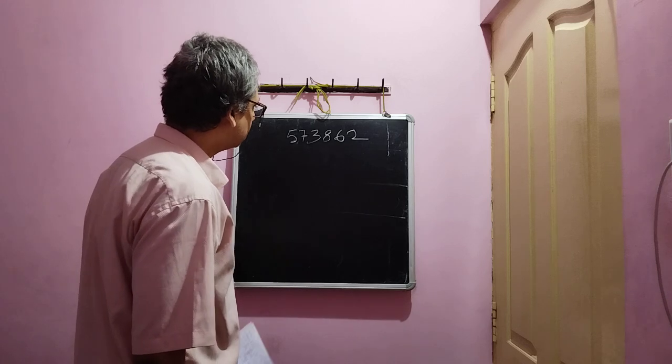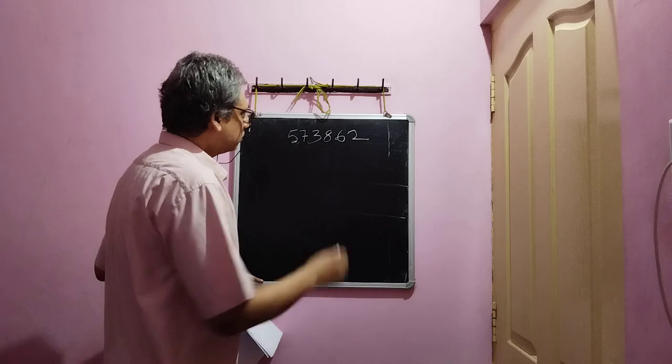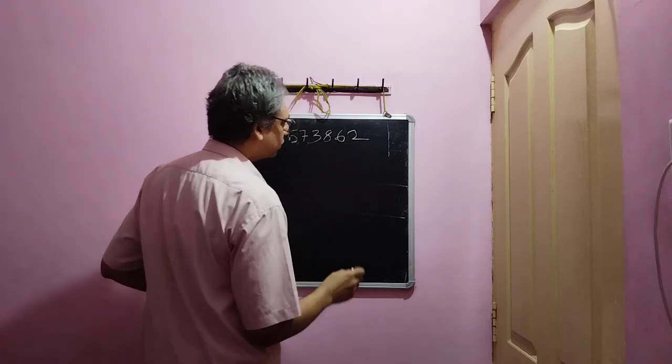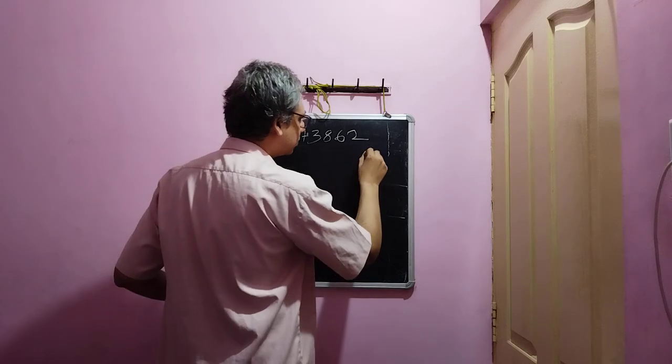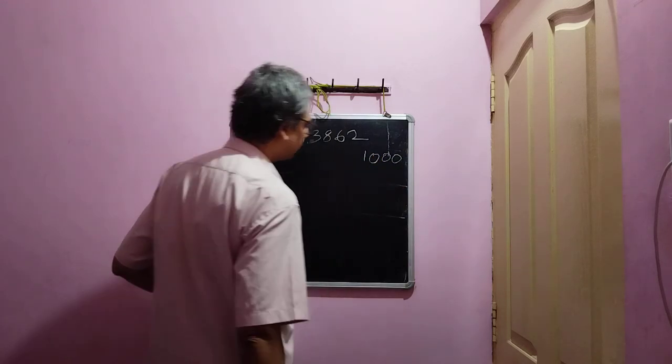So this is a number that I've taken. This is a 6-digit number which I wish to reduce to a 3-digit number, that is a value between 1000 different values.